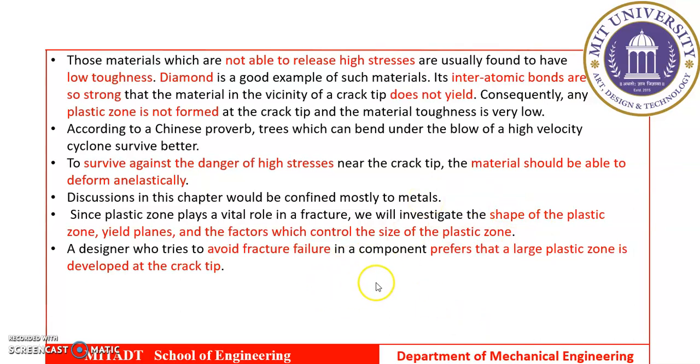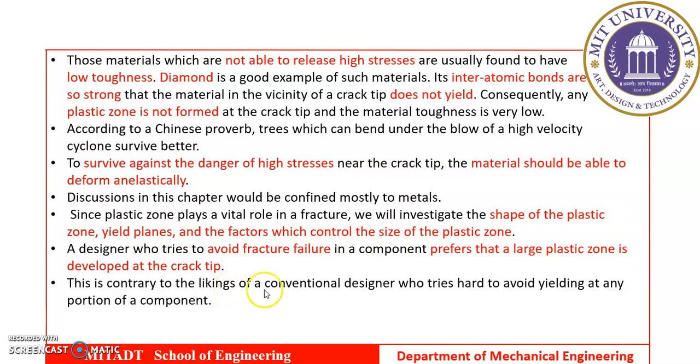Now in fracture mechanics, the designer tries to avoid failure. Hence, he prefers a large plastic zone at the crack tip. This is contrary to conventional designing, where the designer tries to avoid yielding.